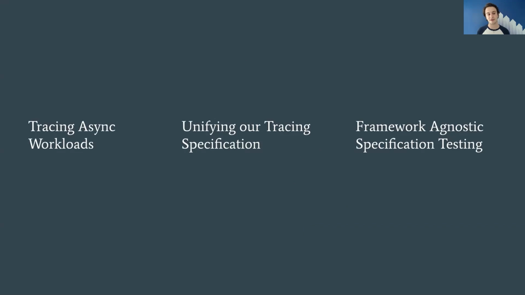The three topics I'm going to cover are: one, tracing asynchronous workloads; two, unifying our tracing specification; and three, which piggybacks on the previous two, not just writing out a tracing specification saying this is how your app should emit data, but also building a tool that will say this is how your app should emit data, and we're going to cover all the heavy lifting of doing those acceptance tests to make sure your app is emitting data in a way that we're comfortable with once you're on prod.